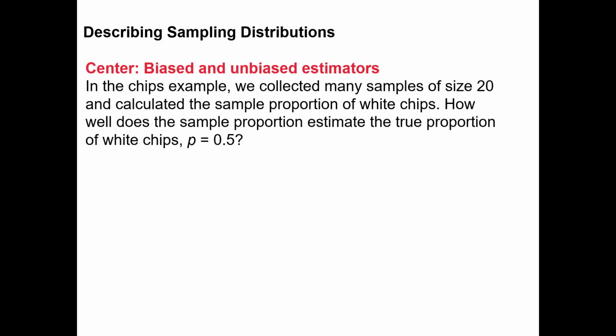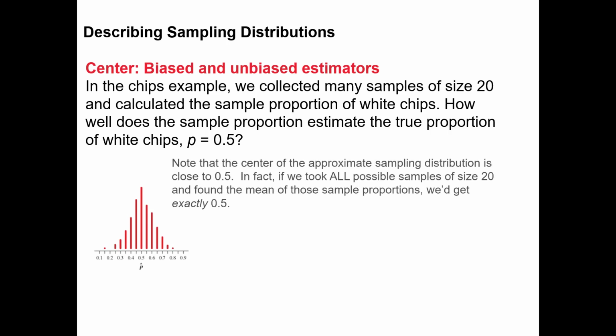So let's talk about how to describe sampling distributions. The first thing here is that we need to be able to talk about center. When we did our sampling distribution, if we had taken all possible samples of size 10 last time, we would have gotten a sampling distribution that looks something like that red histogram on the bottom left.